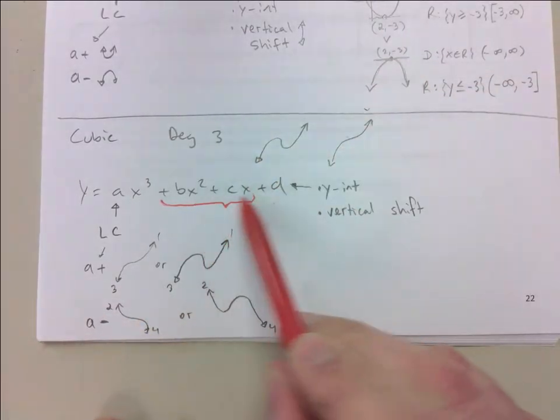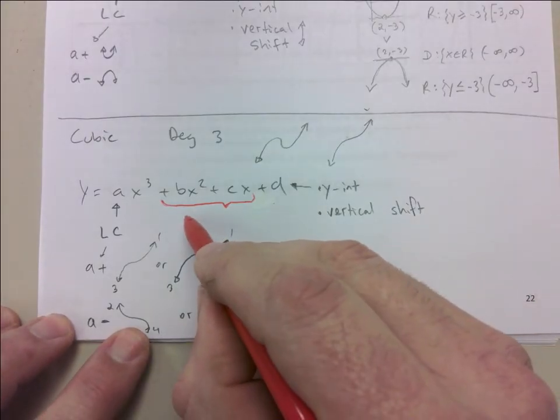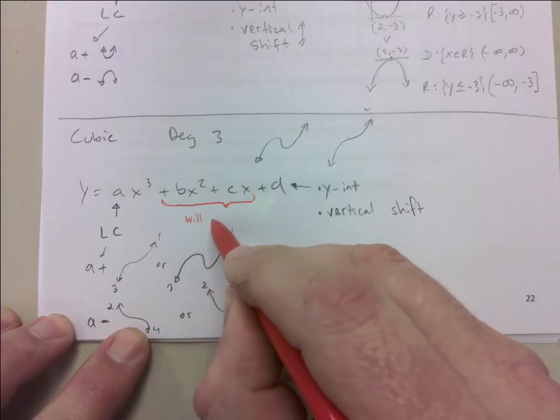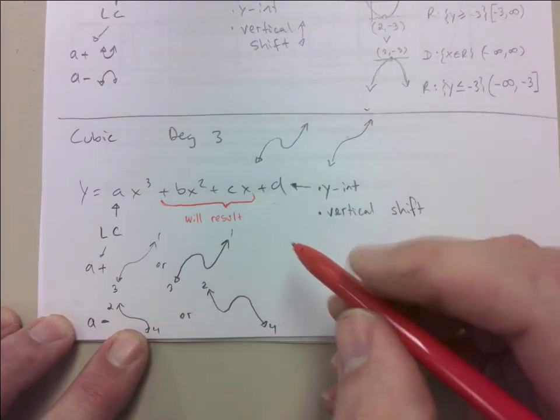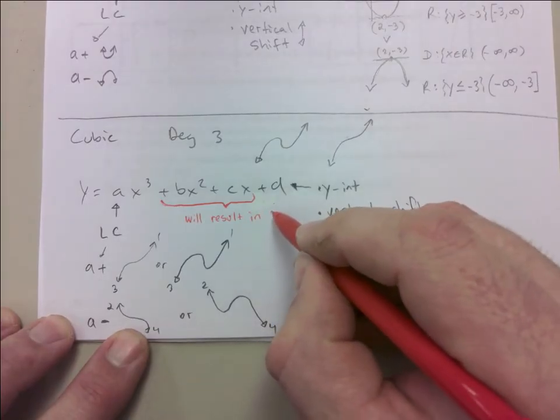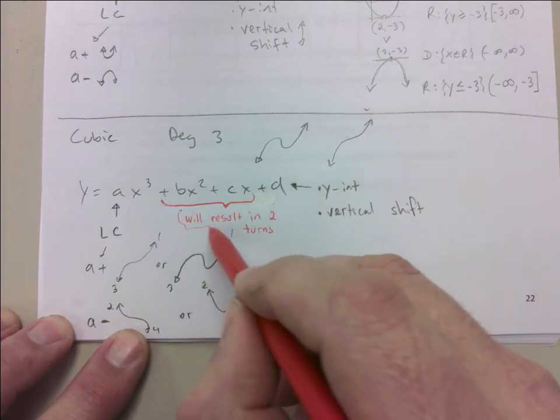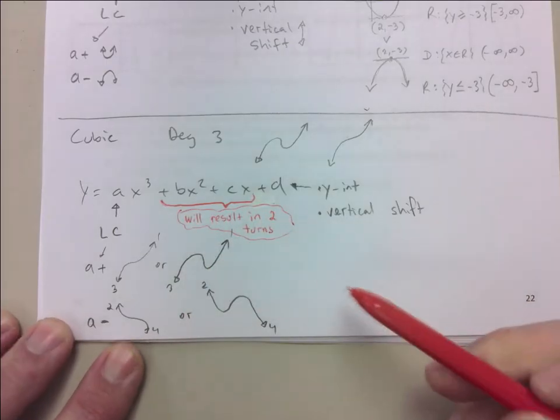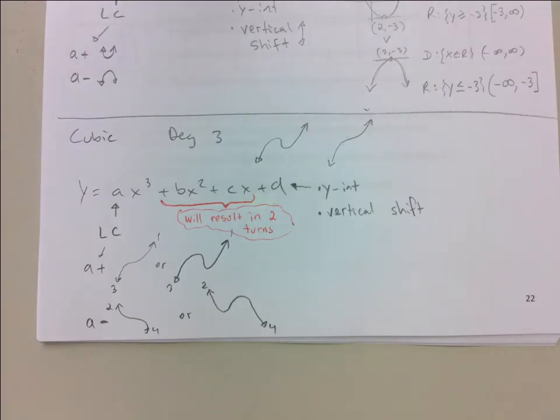Okay, so if these are present, they will result in two turns. So if these are present, you will end up having the S shape in between.